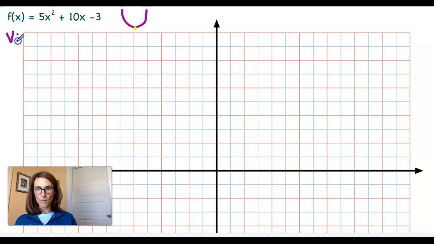So for the vertex, we need our x value, which is equal to negative b over 2a.